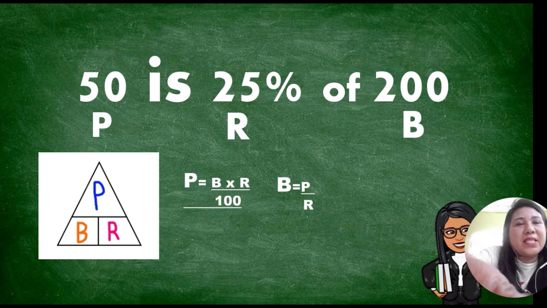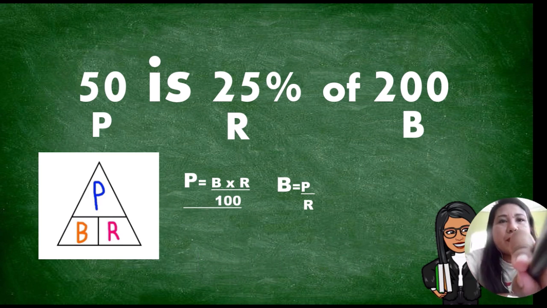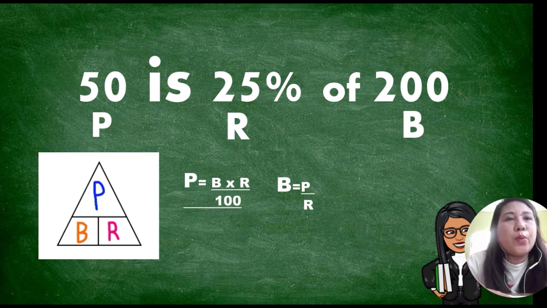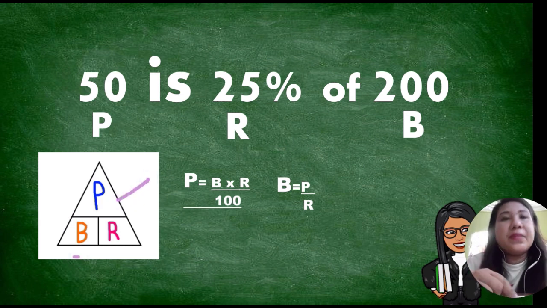While base, or B, is equal to P divided by R. So this is your B, your base, P divided by R. Why are we going to use division?